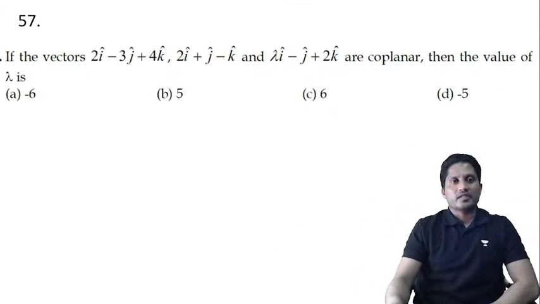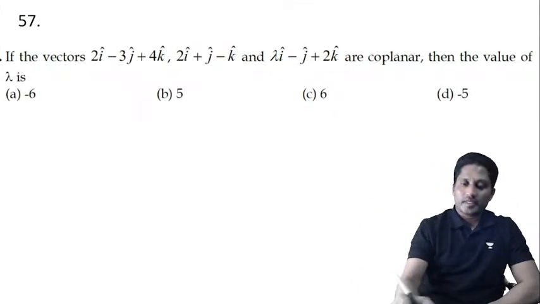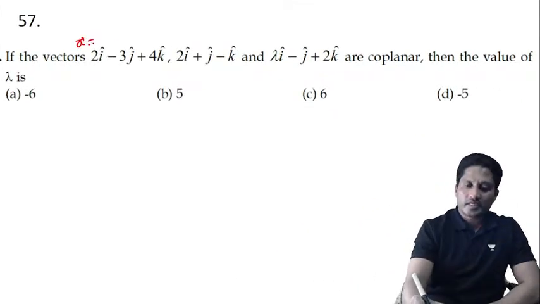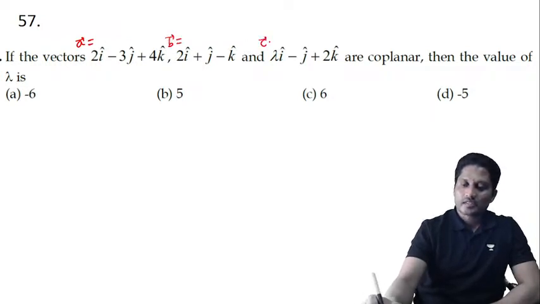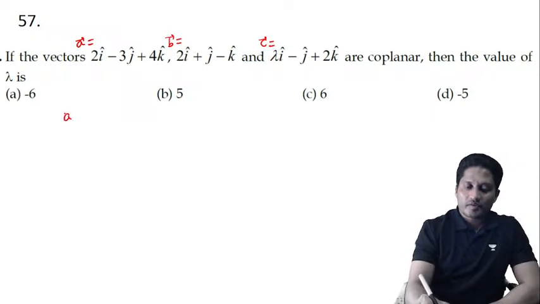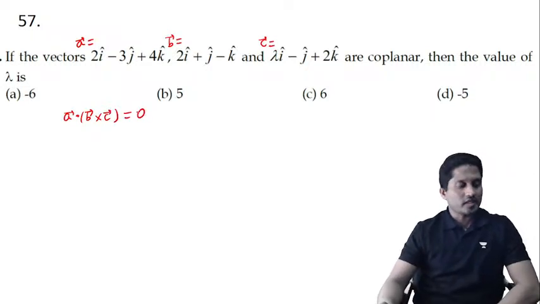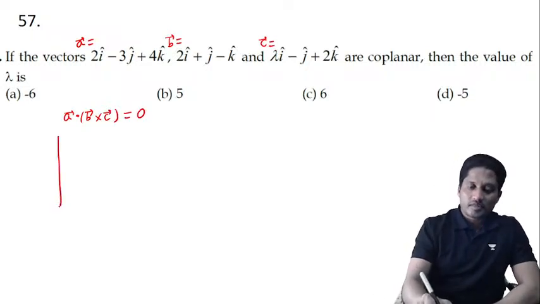Question number 57. If these vectors are coplanar, let's say this is vector A, this is vector B, this is vector C. Coplanar means box of ABC is 0, that is A dot B cross C is 0. Condition for three vectors to be coplanar is A dot B cross C is 0. So determinant equal to 0.